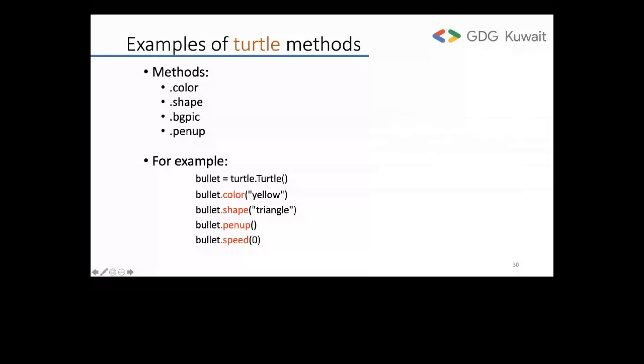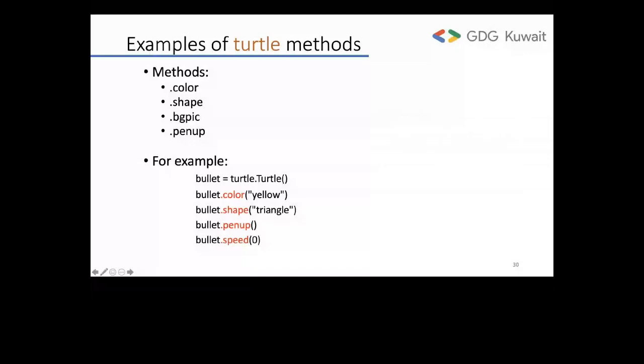Okay. So the other line, bullet dot color. Dot color is a method that is used on the variable by the library. So the variable is going under the act of the turtle library.